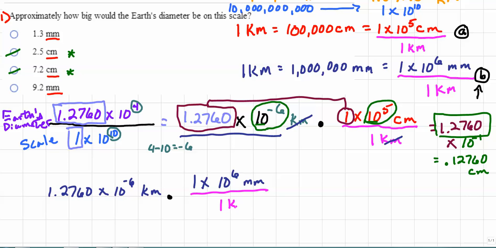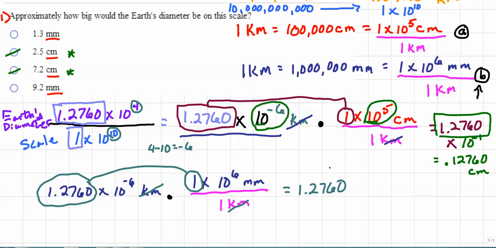Once again, the kilometers will divide out, and I'm going to be left with 1 times 1.2760, which will be equal to 1.2760. And I'm going to multiply that by 10 to some power. And that power is going to be easily calculated when I multiply this value times this value.